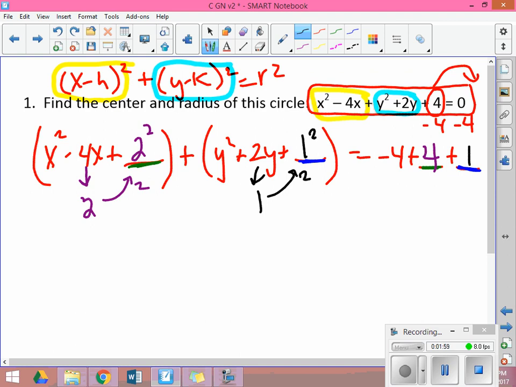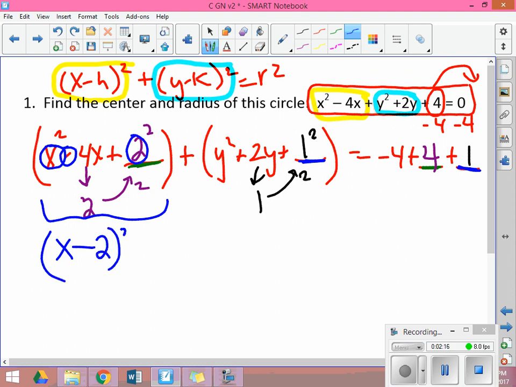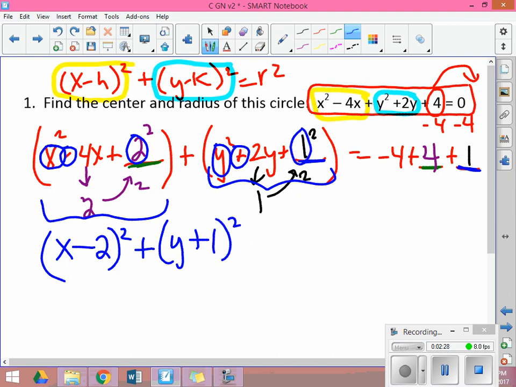Now, because I made it fit the pattern, this x business will factor into the base, the sign, the base, the quantity squared, plus this side will factor into the base, the sign, and the base. That's why I don't square them.